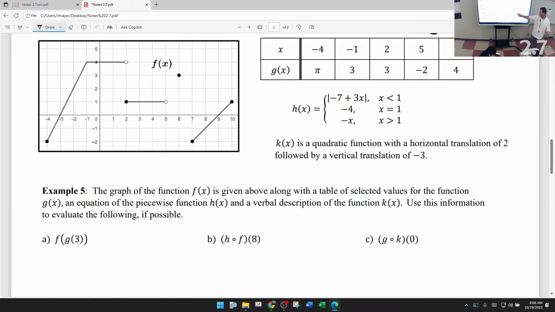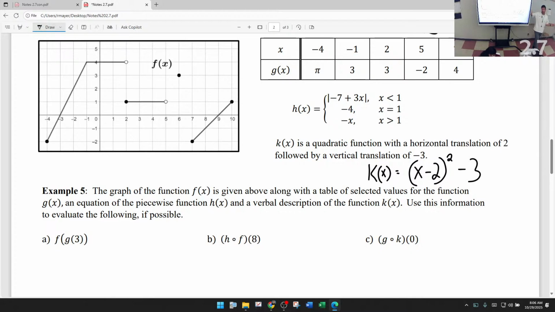Man, you've got to know that K of X is equal to (X minus 2) squared minus 3, because that's a horizontal translation of 2 and then a vertical of -3. You just have to know that because we did translations last chapter.